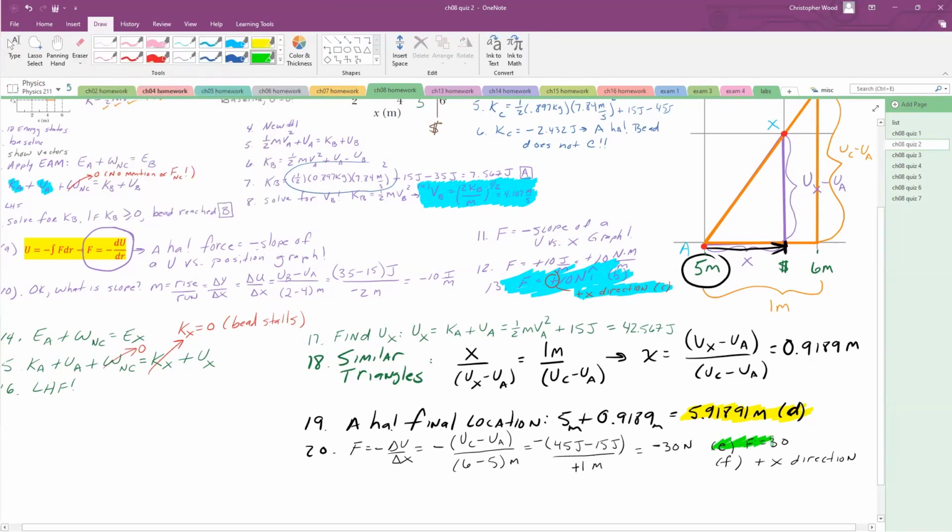And now the direction, that's what I need to change, because again, 6 minus 5 is equal to 1, not -1. And it's the negative X direction. So when the bead moves to the right, it's feeling a gust of wind, for example, pushing it in the negative X direction. And that's the answer to part F.